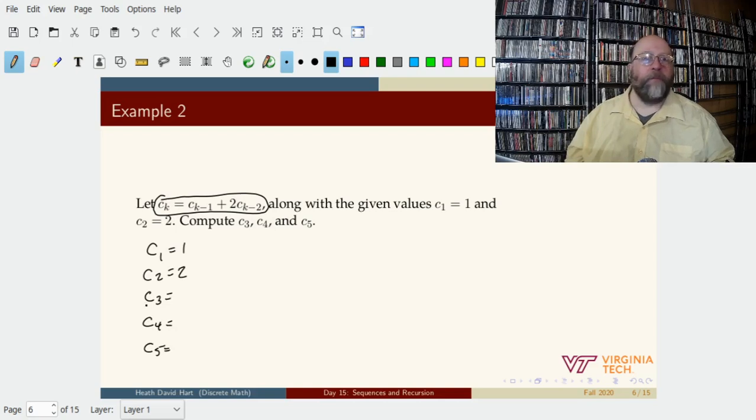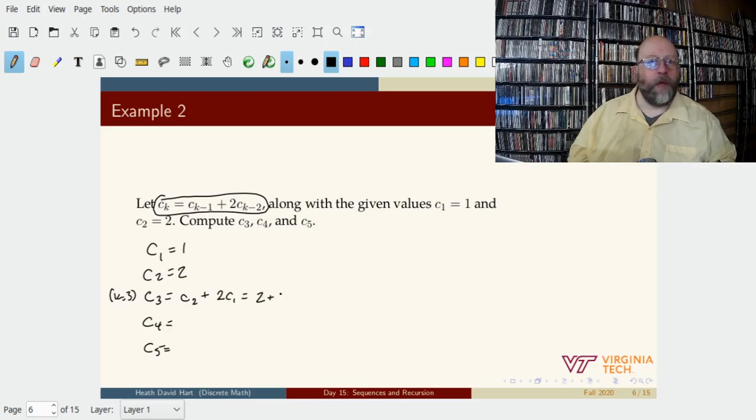All right. So when we're computing C3 using this formula, k equals 3. So it's equal to C of k minus 1, which will be C2, plus 2 times C of k minus 2, which will be C1. And so that's 2 plus 2 times 1, and so this is going to be 4.